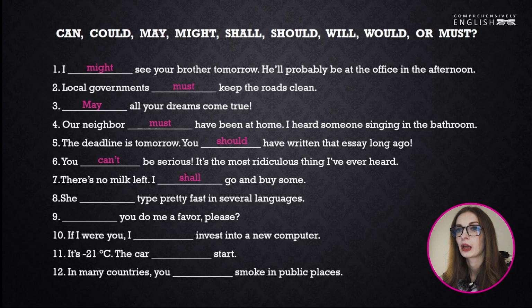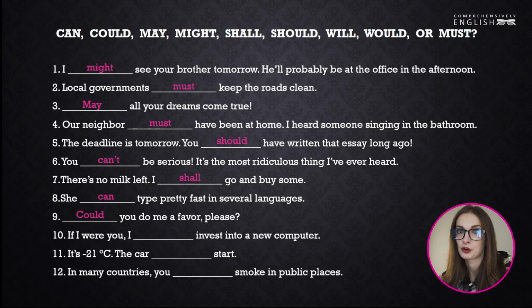Number 8. She type pretty fast in several languages. Well, obviously here we're talking about somebody's ability to do something. She can type pretty fast in several languages. She has a skill. Number 9. You do me a favor, please.